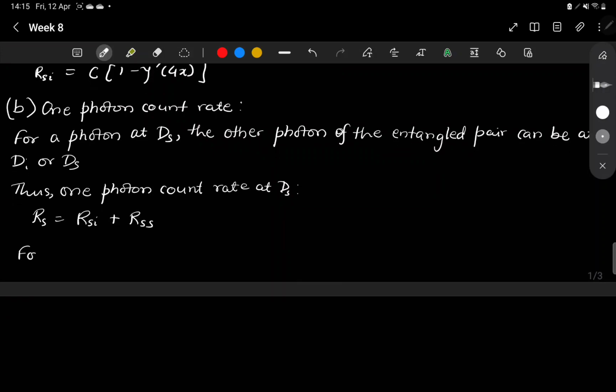Now for Rss, the delta phi will be equal to 0, and the other terms, that is delta L prime and delta L, will have the same values as Rsi.